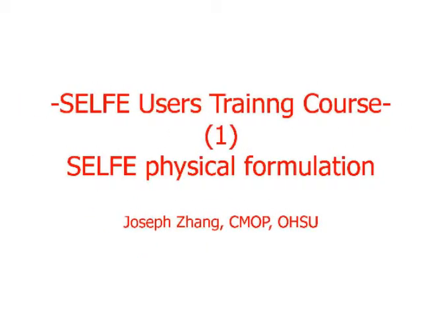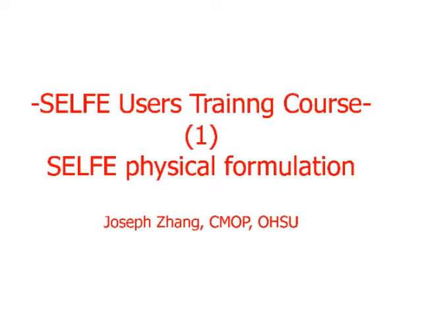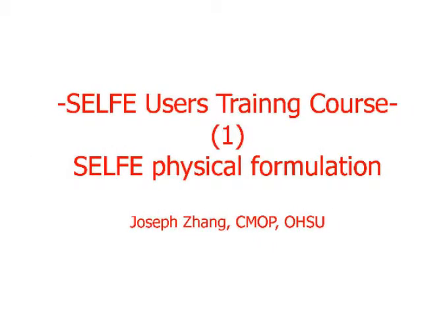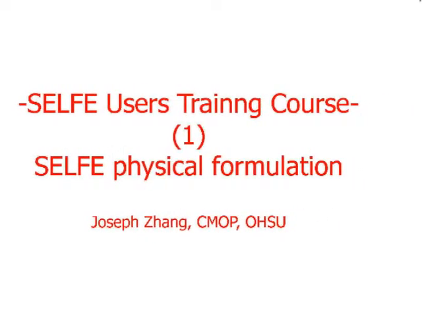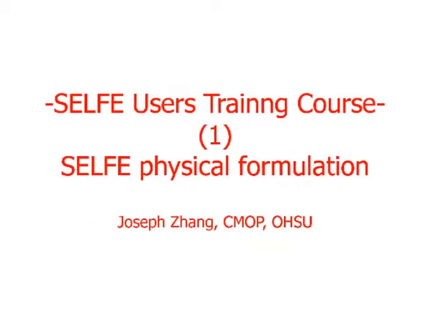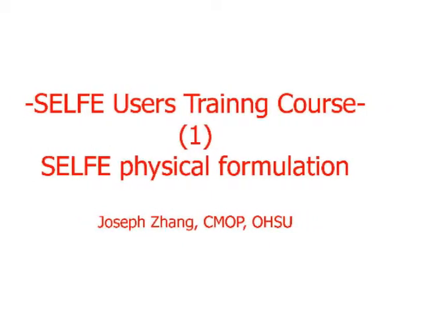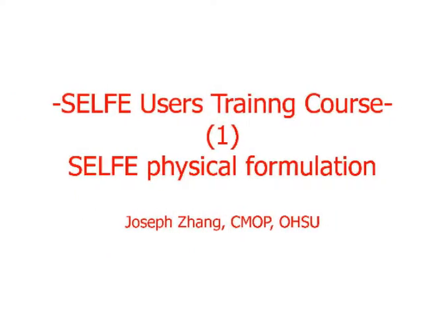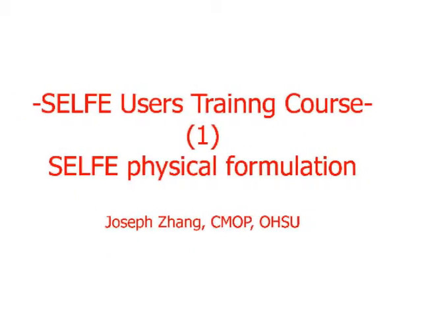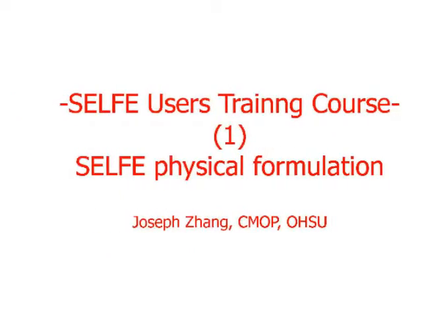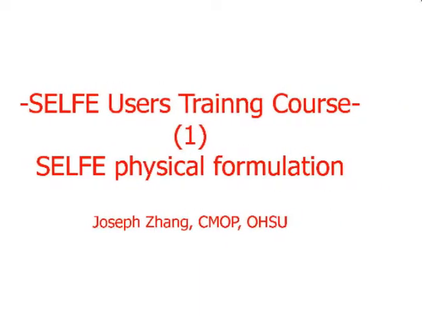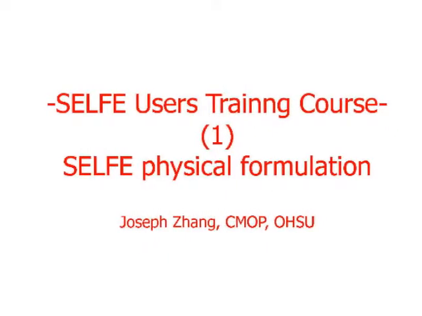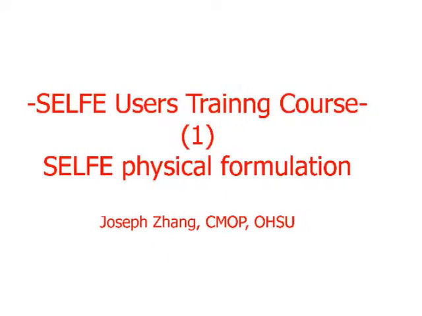So the rules for wet for the nodes and sides are shown here. The node is wet if and only if at least one surrounding element is wet. Okay, same for the side. If and only if one of the surrounding elements is wet. So for a dry node, then all the surrounding elements will be dry, right?